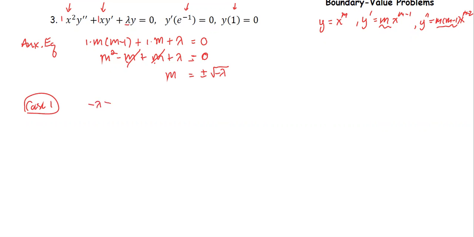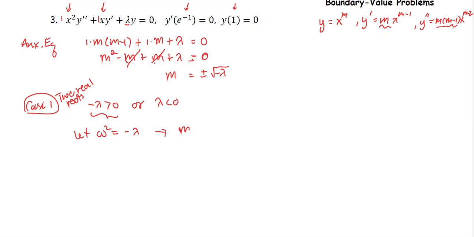So negative lambda positive is 2 real roots. Okay, negative lambda positive, or lambda is negative. With this, introduce omega squared as negative lambda.